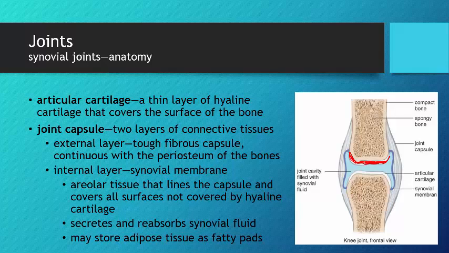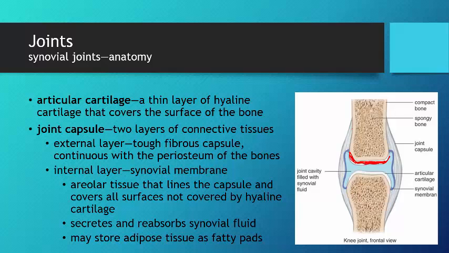If arthritis or some other degenerative disease of the joint occurs, then pain becomes very noticeable when that articular cartilage disintegrates so much that the bone has the ability to grind against the other bone.